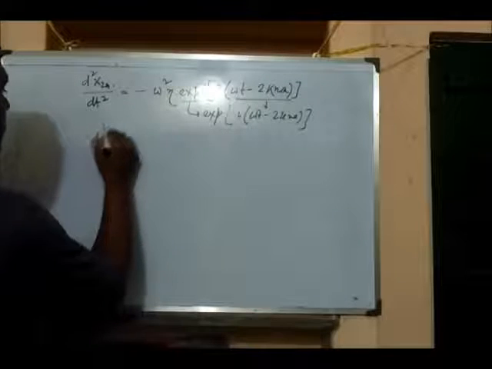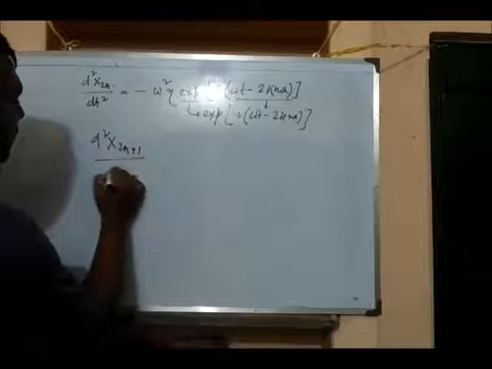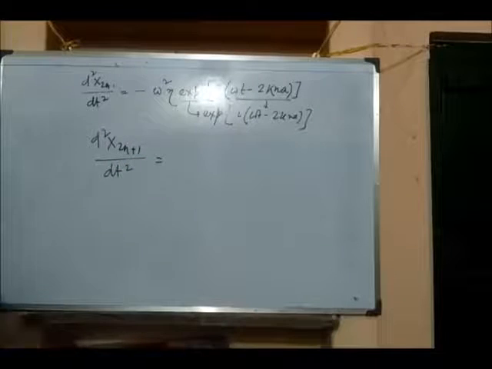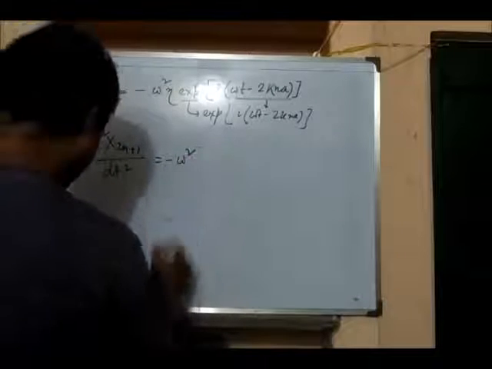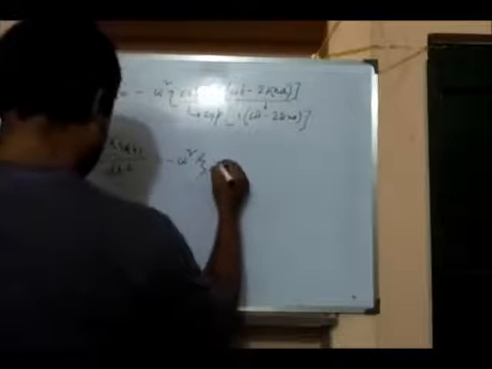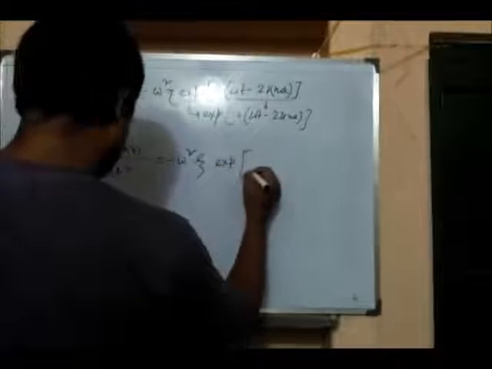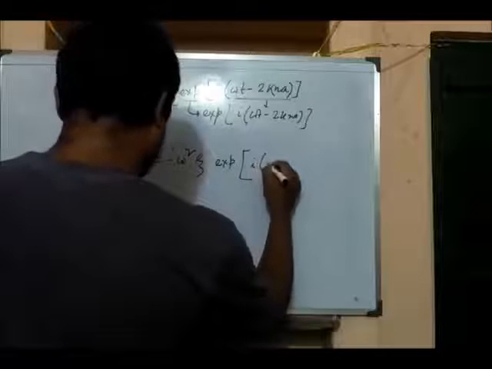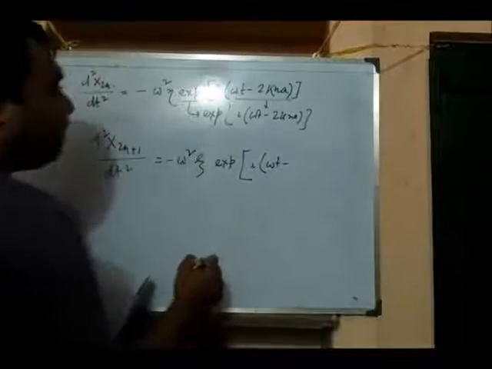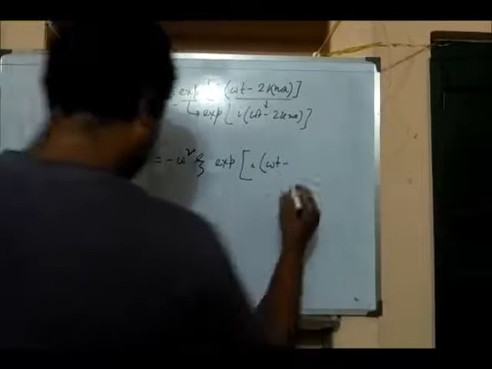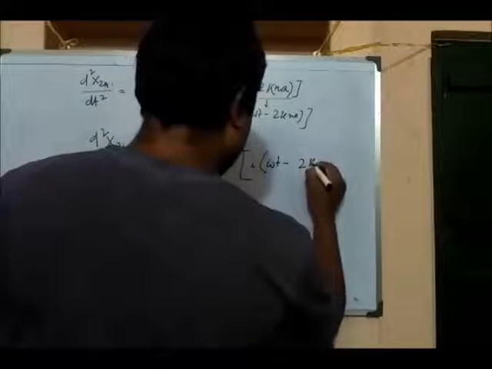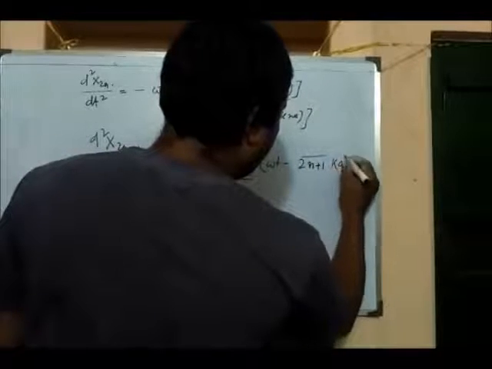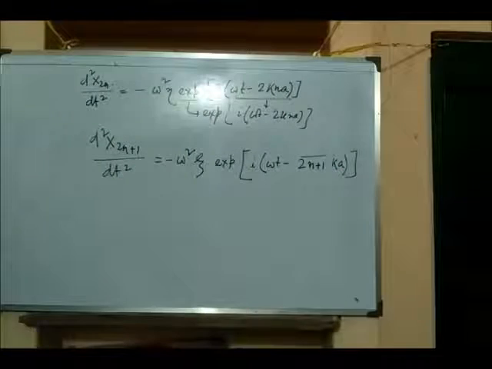And obviously d²x₂ₙ₊₁/dt², if you consider the odd vibration, this will be −ω² times exponential i(ωt − (2n+1)ka), right?